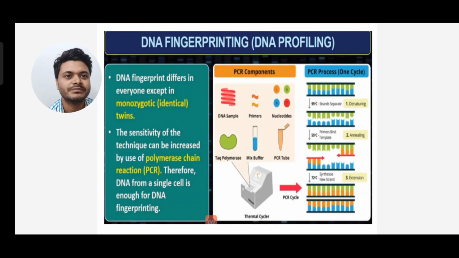The components are the DNA sample, primers, nucleotides, Taq polymerase, the master mix, PCR tubes, and the PCR cycle. You can see the PCR cycle: first is denaturing, then annealing, and then extension. You can see the temperature: denaturing at 95 degrees Celsius, annealing at 55 degrees Celsius, and extension at 72 degrees Celsius.